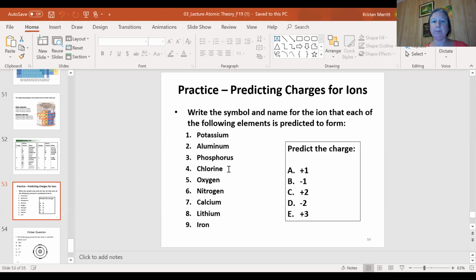So go to chlorine. Chlorine is a halogen. It is at 7A. It is right next to the noble gases. It needs 1 more electron to get to that configuration, so it's going to take it. So when it adds an electron, it's going to have a -1 charge. It now has 1 more electron than protons. Oxygen is 6A.